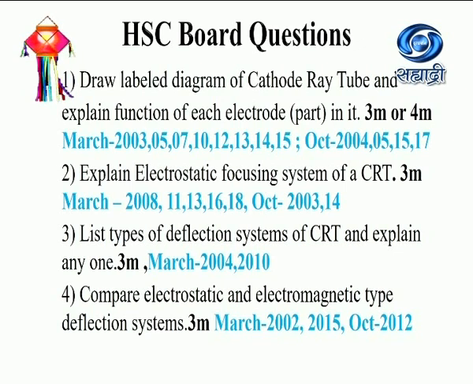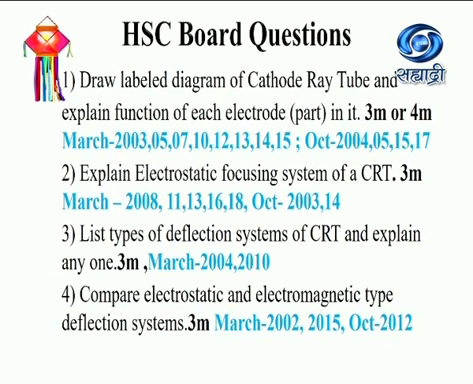So the first question, draw a labelled diagram of cathode ray tube and explain the function of each electrode, that is each part in it. It can be asked for 3 marks or 4 marks. If you consider the paper pattern of the HSC board exam, then in the electronics paper, we have a 3-mark question and a 4-mark question in question A and question B. So the marking scheme for 3 marks is like 1 mark is assigned for the diagram and 2 marks are there for explanation.